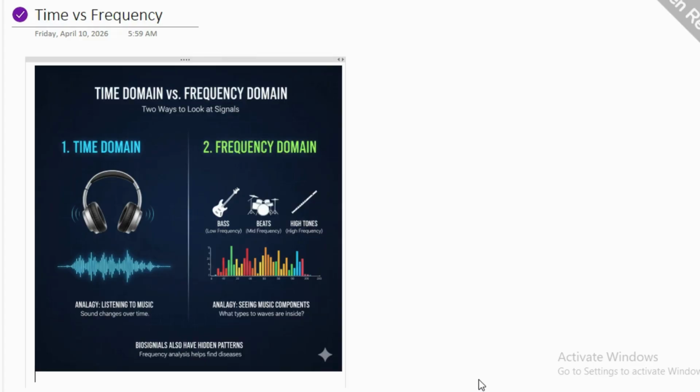That is like the time view. But inside that song, there are different sounds, bass and beats, high tones, etc. So this is like the frequency view. In the same way, biosignals also have hidden parameters and hidden patterns. And sometimes doctors look at these patterns to find diseases.